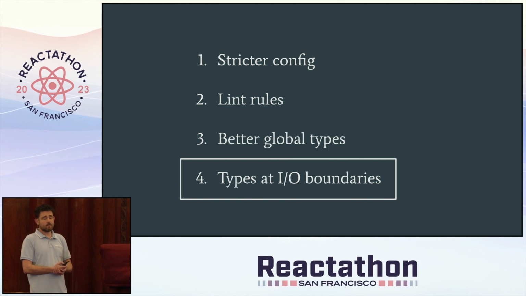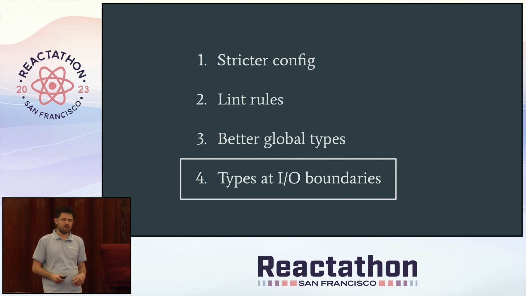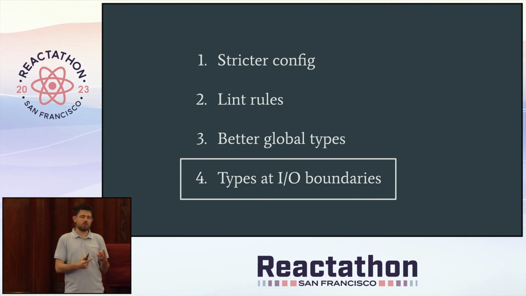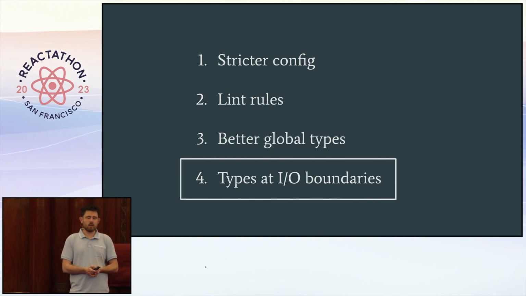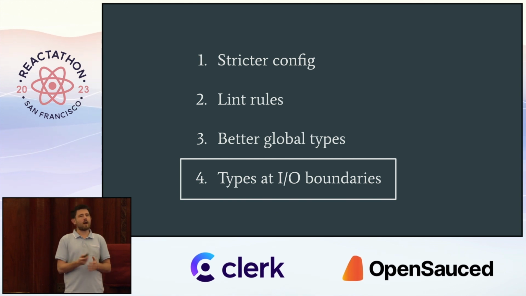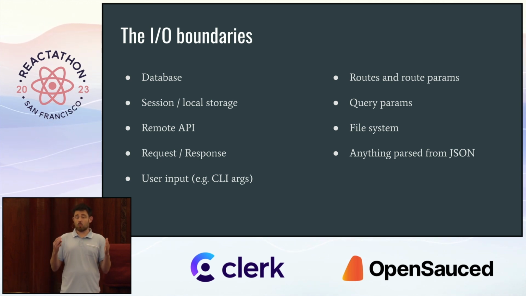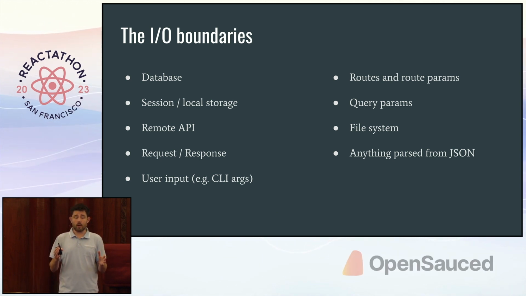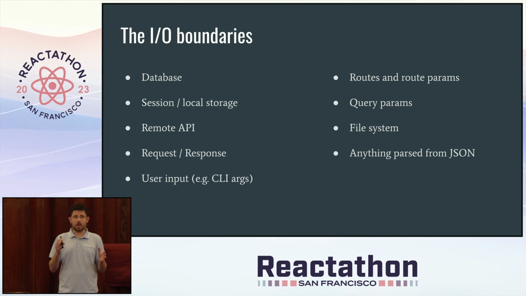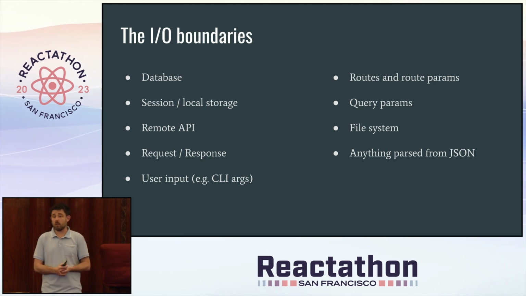Okay, so now we get to the harder stuff. That's relatively easy: pull in an npm package, configure your tsconfig. But what about the I/O boundaries? To be more specific about what I mean by this, this is anything that comes in from the outside world to your code, or to put it another way, anything that TypeScript can't know about at compile time, because it doesn't exist at compile time.